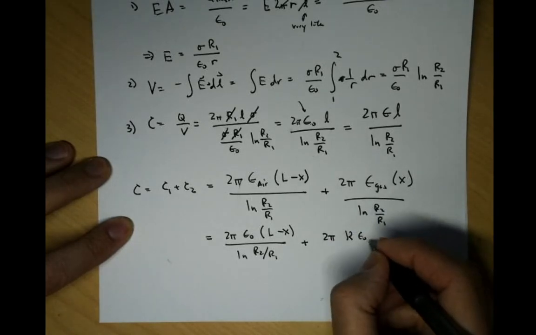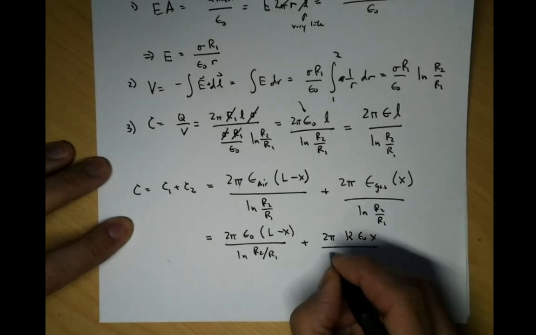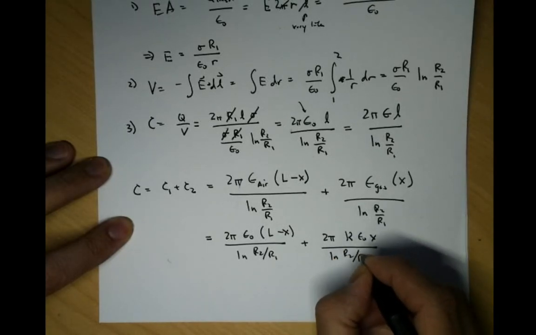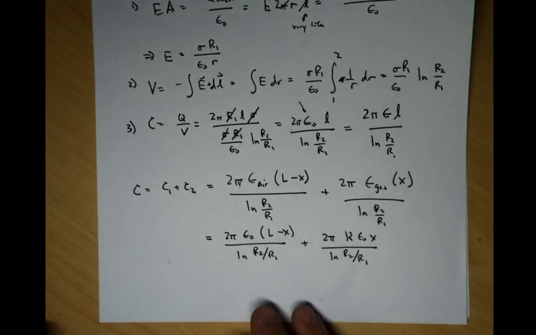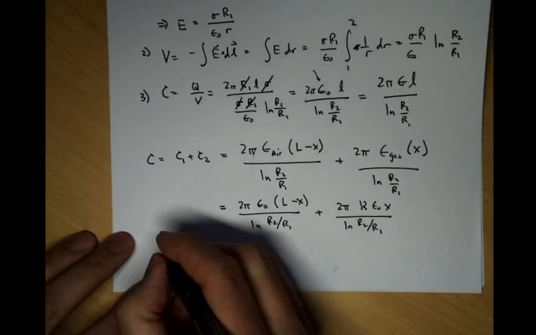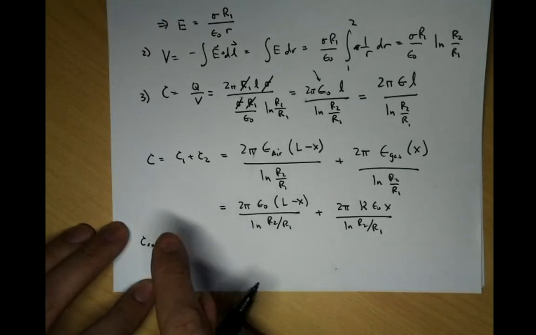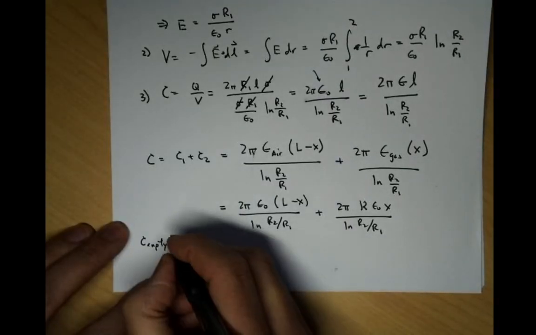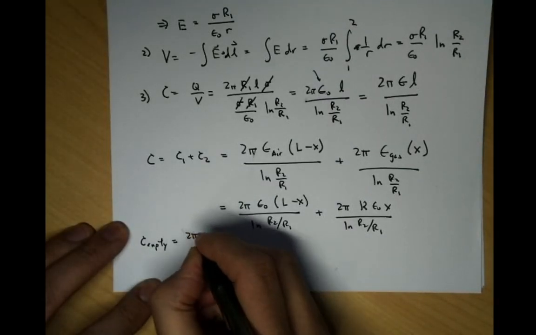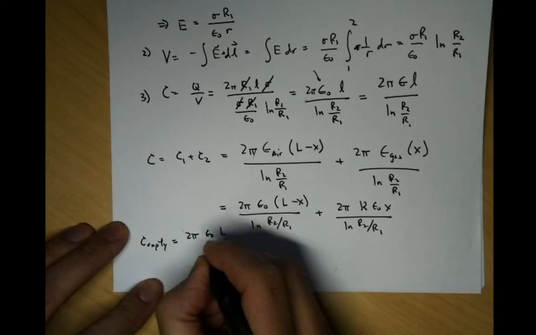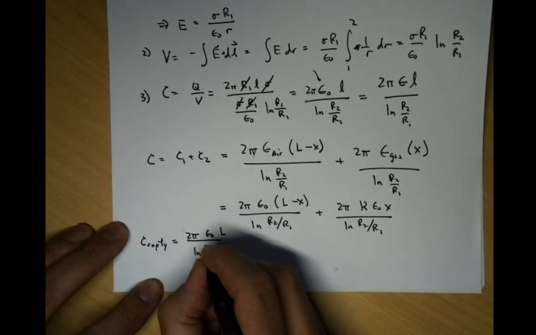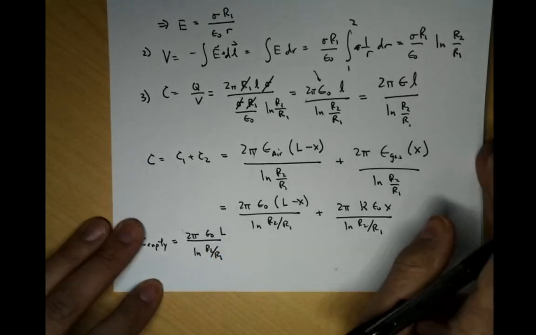Kappa in this case is 2, but I'm not going to worry about the exact value right now. Now, one thing I will notice is that if it's empty, C empty, that means x is 0 in that case. That should be 2 pi epsilon 0 L over logarithm r2 over r1, right?